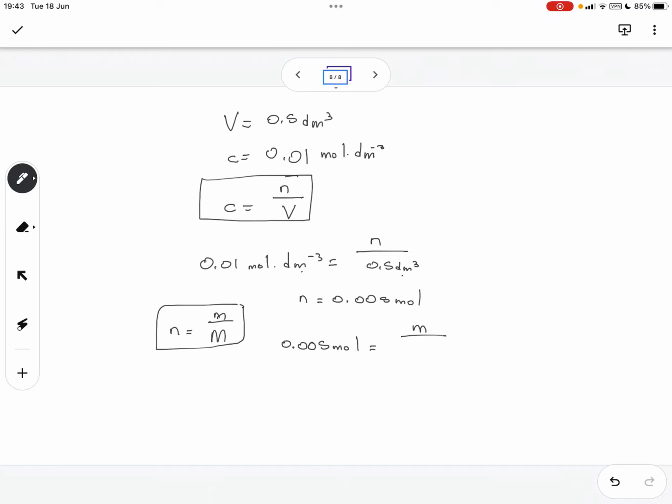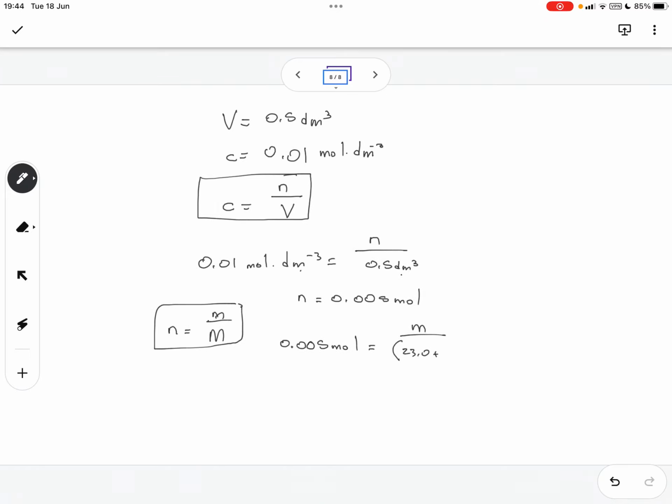The molar mass of sodium chloride: sodium is 23.0 and chlorine is 35.45 grams per mole. 23 plus 35.45 is 58.45, and we multiply that by 0.005.